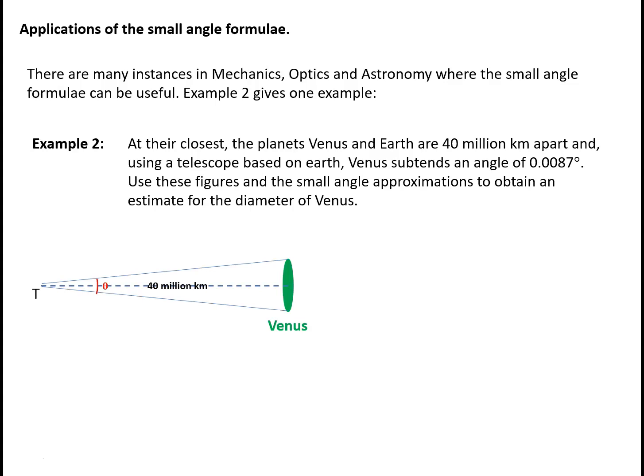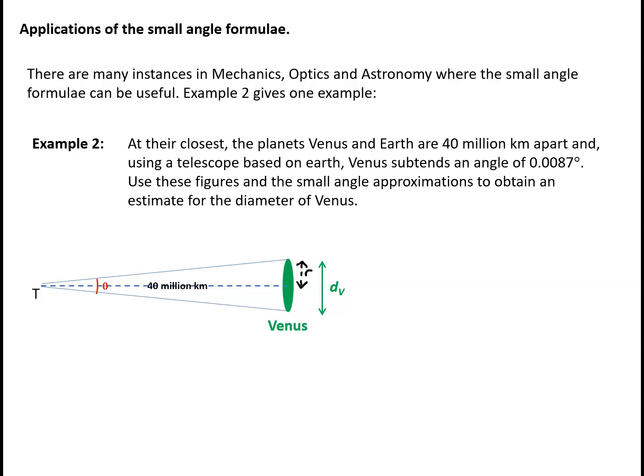T represents the telescope on Earth, and the green disk represents the planet Venus, which is at a distance of 40 million kilometers away from the telescope and subtends this small angle theta from the telescope. So what we're after is a formula for the diameter of the planet Venus.